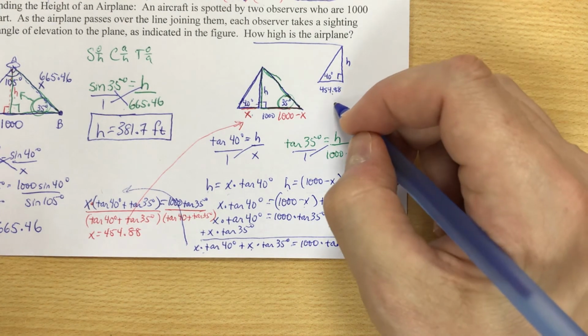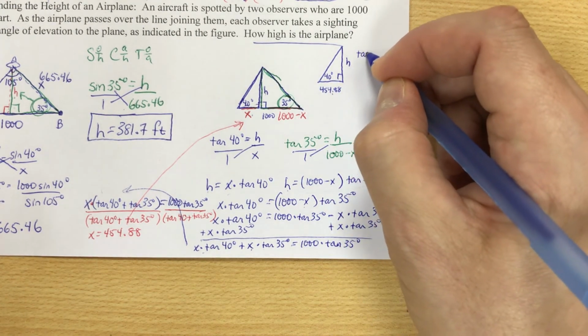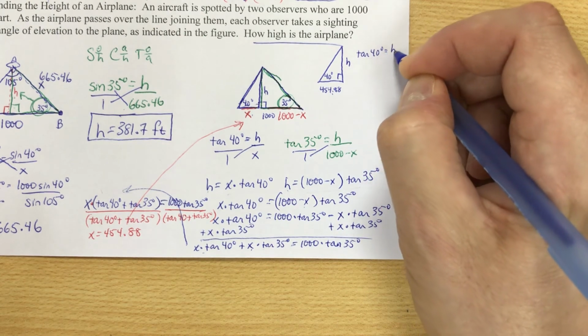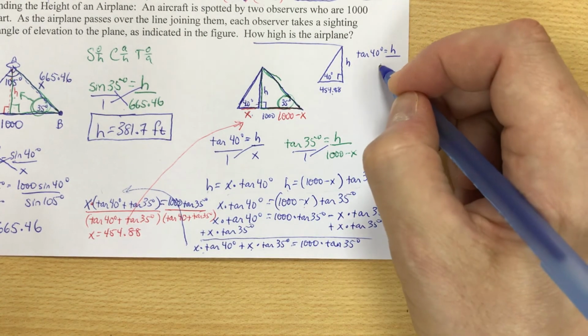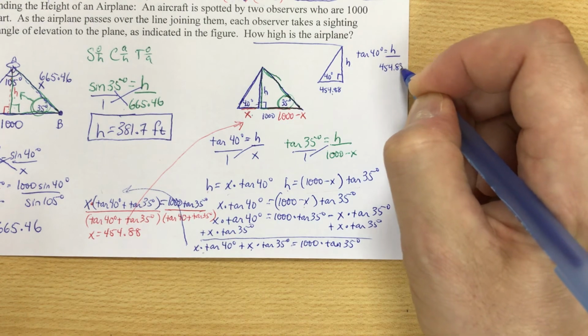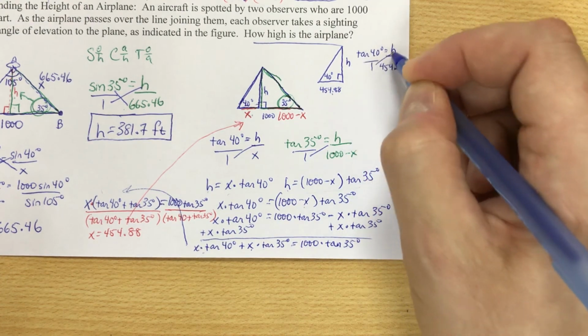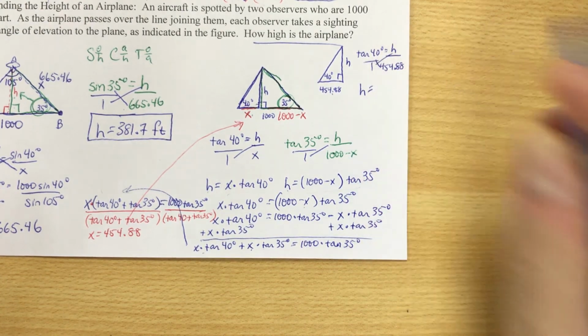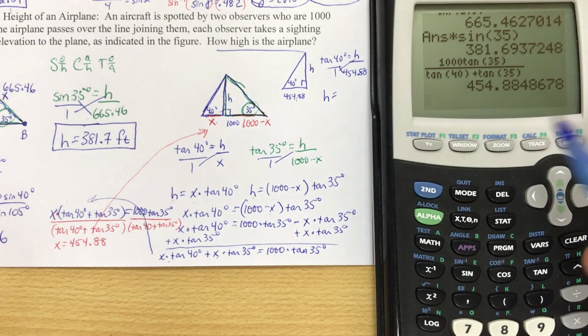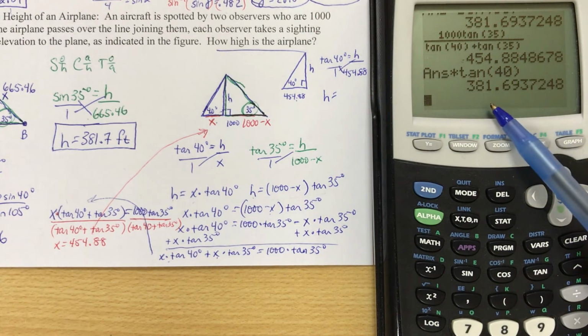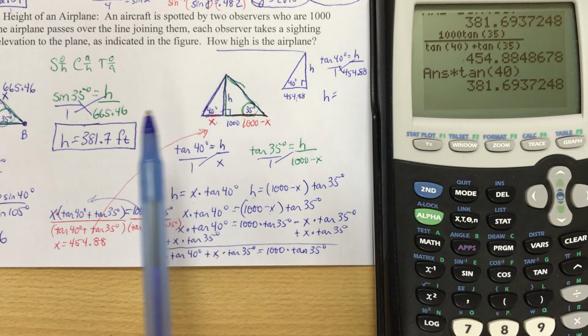So I can say the tangent of 40 degrees equals h over 454.88. And then h equals, if I multiply that out, 454.88 times the tangent of 40, what we get is 381. Now it says 0.69, so I'd round that up to 0.7.